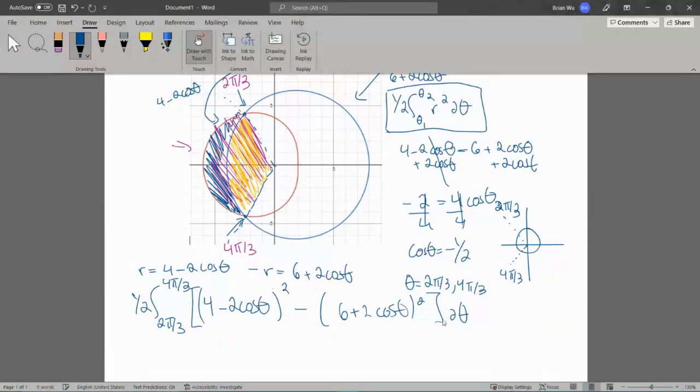Right, so hopefully this makes sense, right? We have that big radius minus this small radius, squared. And then if you solve this integral, this is the setup for just this area, right?